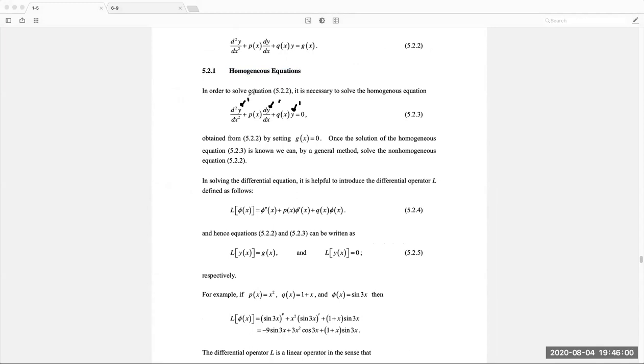And the very important thing about the homogeneous differential equation is that if y1 and y2 are solutions, then an arbitrary constant times y1 plus an arbitrary constant times y2 is also a solution.